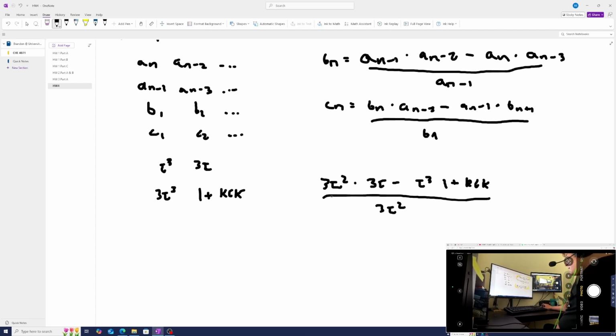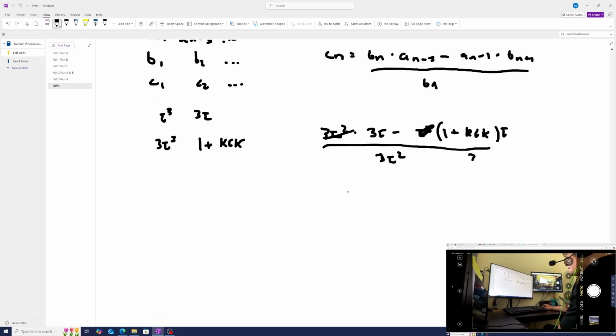So this will cancel out, giving us just 1 tau, and that 3 will also get canceled out there. So our first B is going to be 3 tau minus 1 plus KcK times tau over 3.